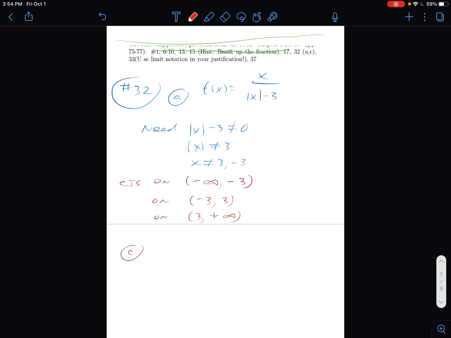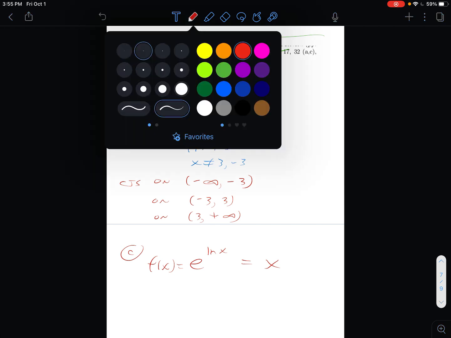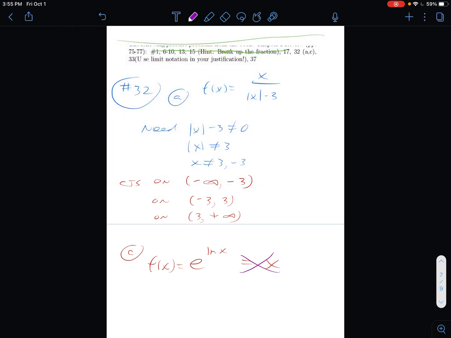For C, we have f of x is e to the natural log of x power. There's a little bit of a trick here. You probably want to say that that's equal to x, and it is equal to x where it's defined. But if we take this literally, we need to think what could go wrong.